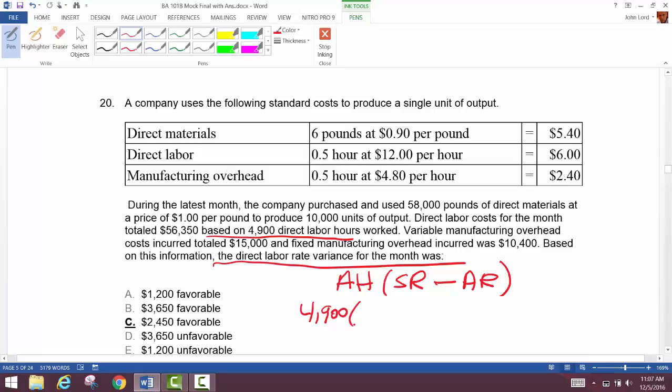Standard rate is what? $12 per hour. The actual rate was what? And for this one, we need to pick up the 56,350, and we divide it by the actual number of hours they worked, right? And they worked what? 4,900 hours? Okay, so 56,350 divided by 4,900 is 11.50.